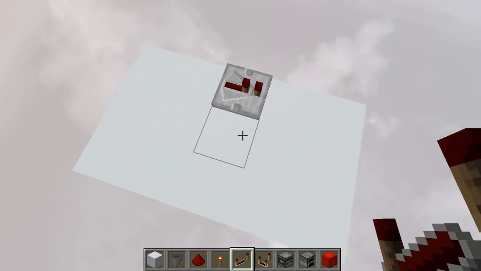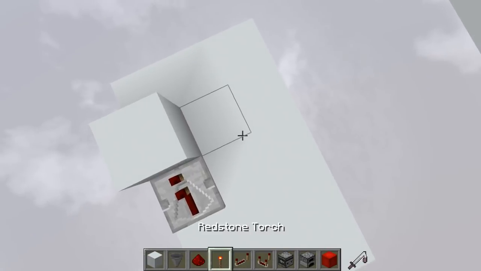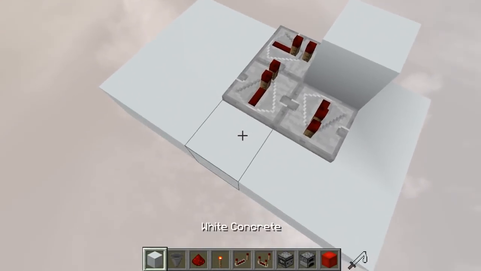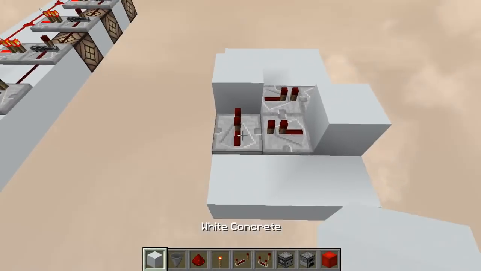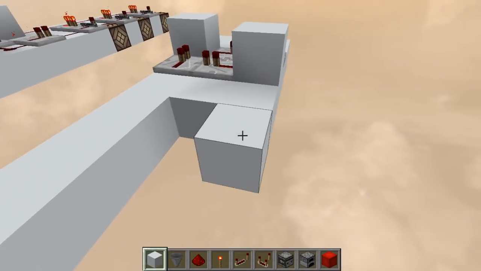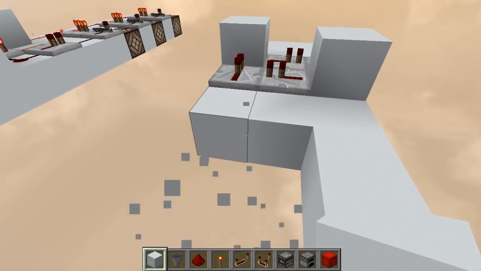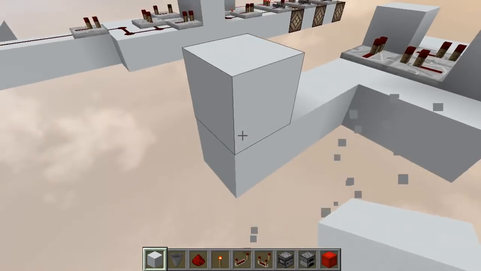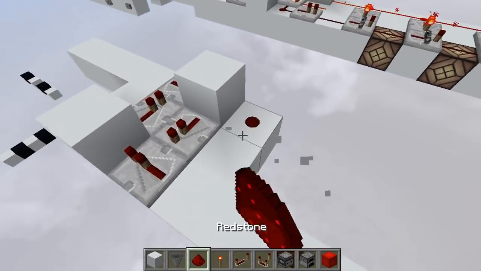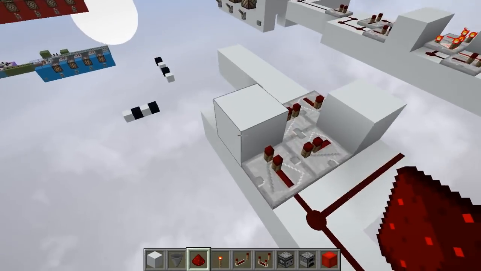If I can remember how to do it, I think this solid block goes like this, and then this solid block like so, and then actually you have it like this, I guess, yes, like this. This is a pretty amazing 2-way repeater.